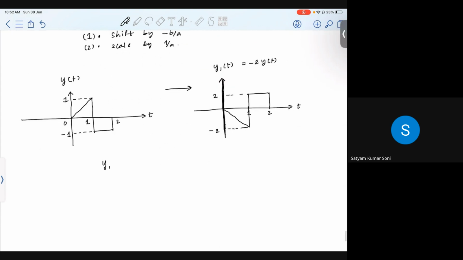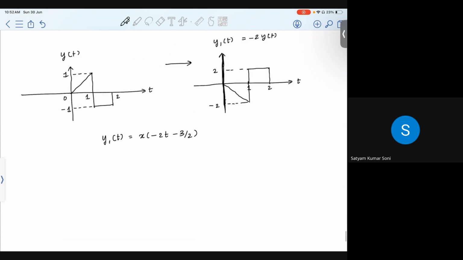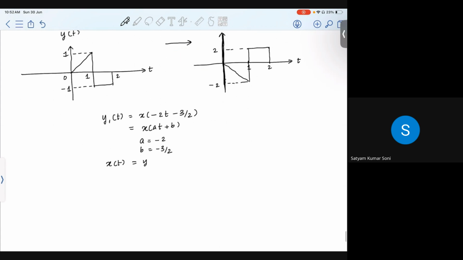So now you know that y1 of t is nothing but x of minus 2t minus 3 by 2. So now it is in the standard form, x of at plus b, where a is minus 2 and b is minus 3 by 2. You have to find x of t from y1 of t. How do you find it?